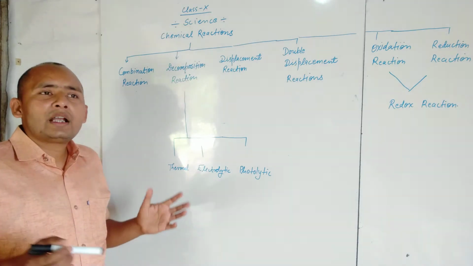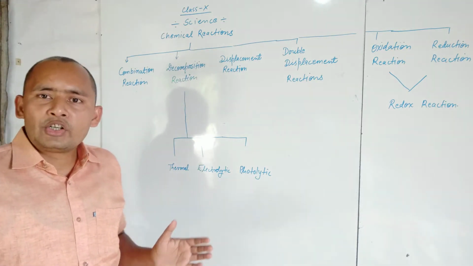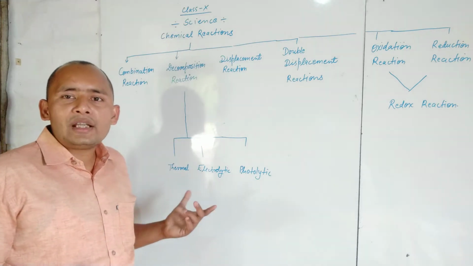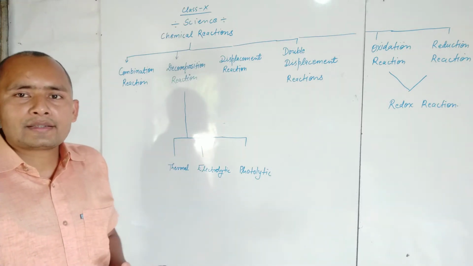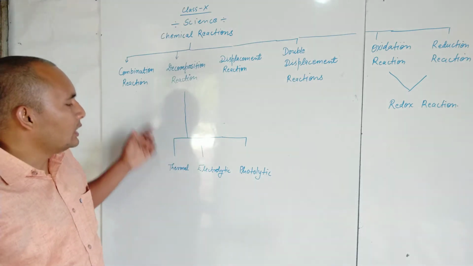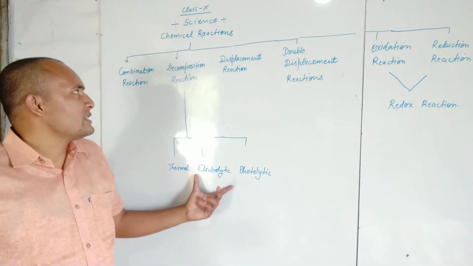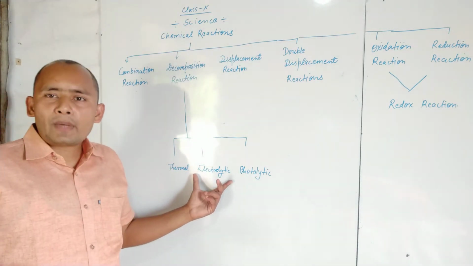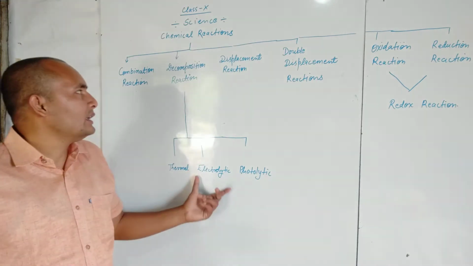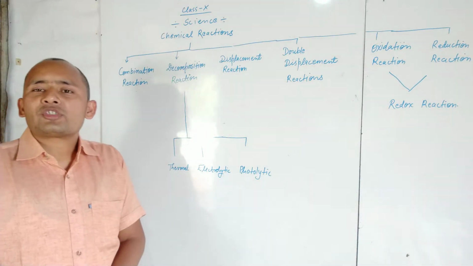When the decomposition of substances takes place due to heat, then the given reaction is a thermal decomposition reaction. When the breakdown of substances is due to supply of electricity, then you can say that it is an electrolytic decomposition reaction.